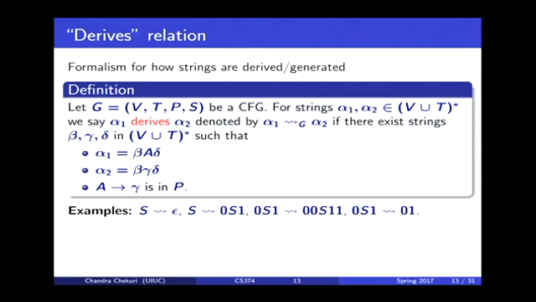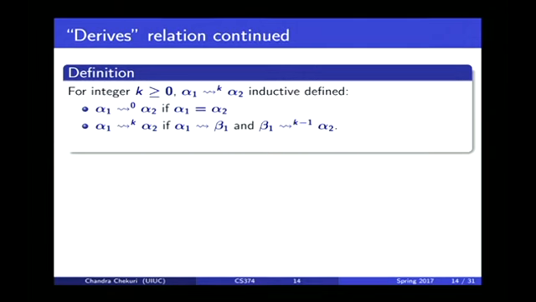Okay. So then once we have this, we can talk about this string deriving that string in many steps, which is the obvious thing, that you can derive one step at a time. When do we say that alpha 1 derives some string in k steps? Well, you define it inductively.